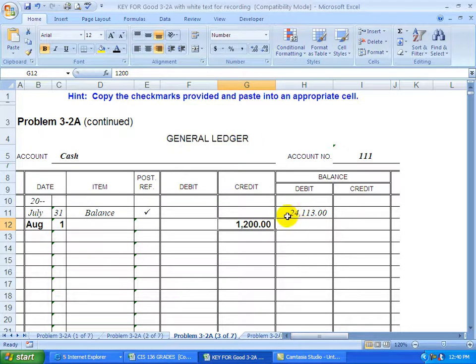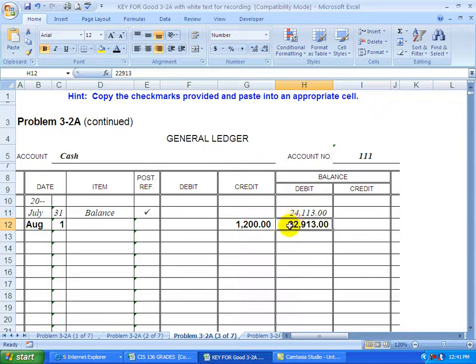Now notice that it had a previous balance of $24,113. Now we're crediting it, so we're making the balance decrease. If you thought of a T account with a debit and a credit, you would subtract the two. It would still be a debit balance, but now it's a debit balance of $22,913.